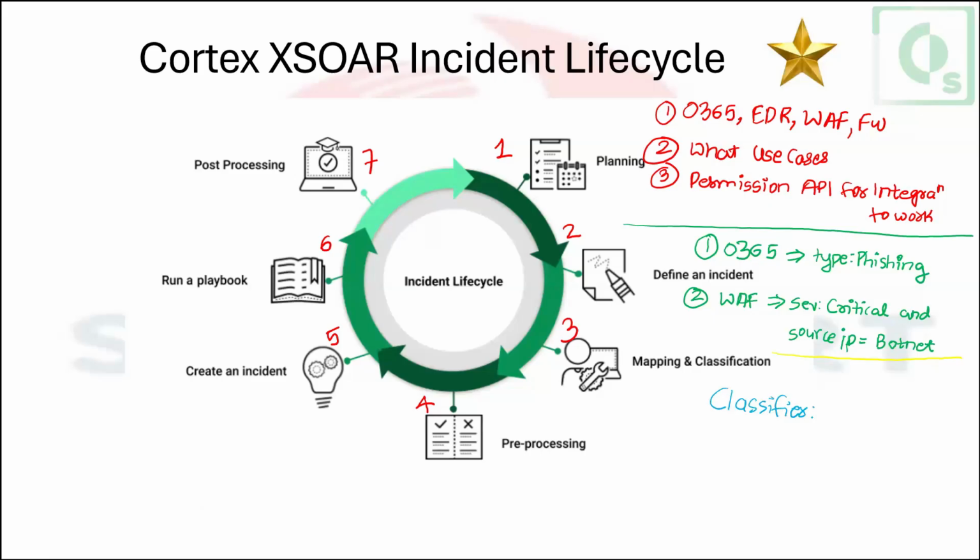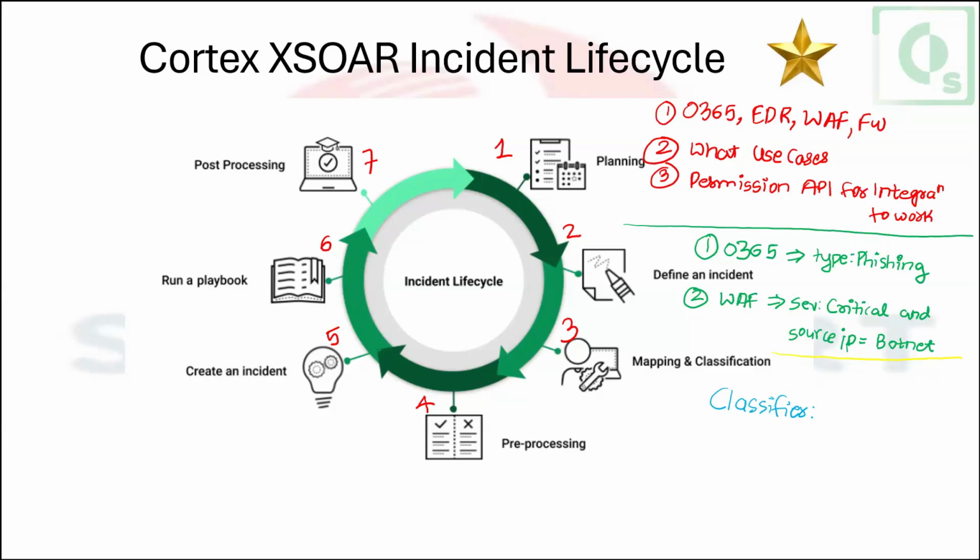It classifies, separates, and takes a decision based on our inputs. I'll show it to you in the next 10-15 minutes. In the classifier, you can define that if my type field is phishing, then it is eligible to be an incident. If my type is not phishing, it is not an incident.